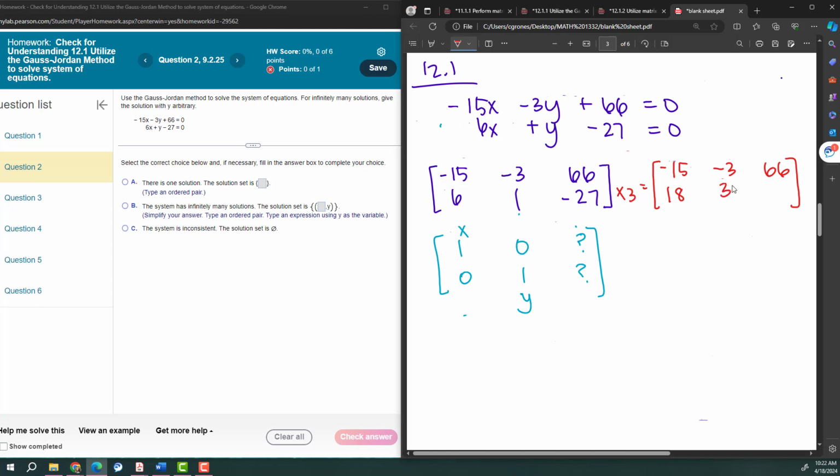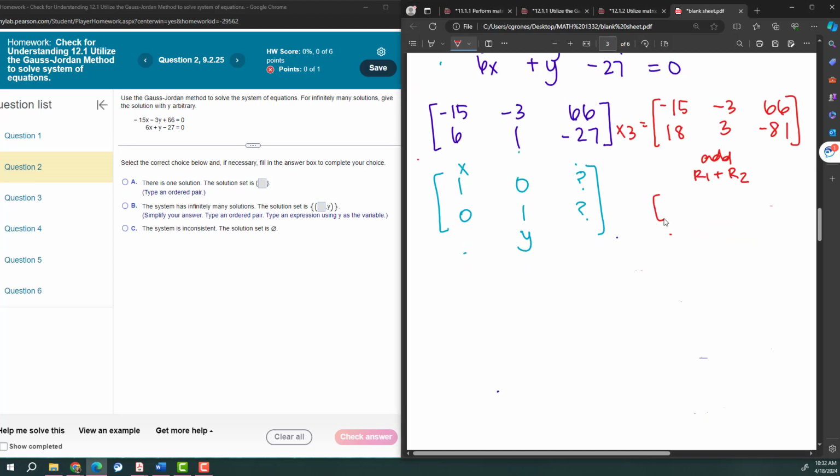And then negative 27 times 3 is negative 81. So now that we have manipulated this, we are going to add row 1 and row 2. So when we add, we get 18 and negative 15. I get positive 3, 0, and then negative 15.